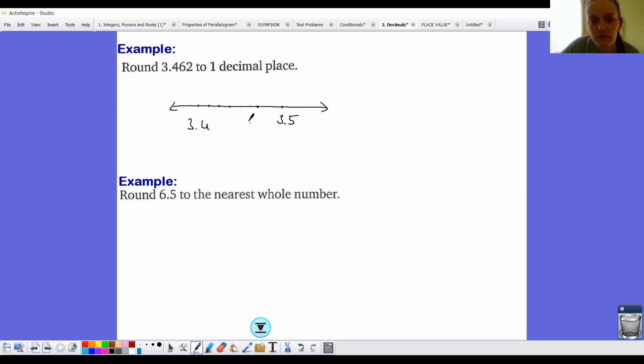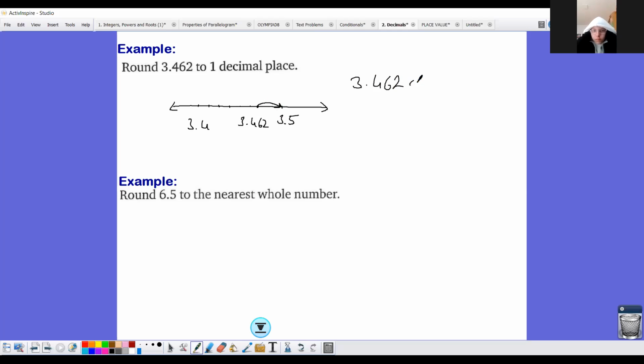It will be 3.46, and it is nearer to 3.5. Because it says 1 decimal place, we are checking the decimal part. We are not checking the integer part. It becomes 3.5, okay? You understand?